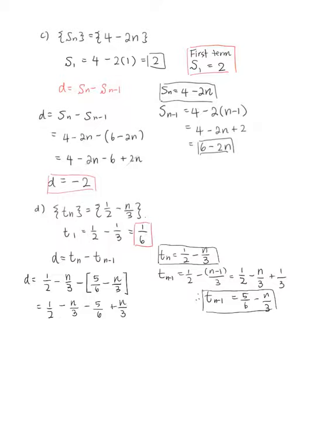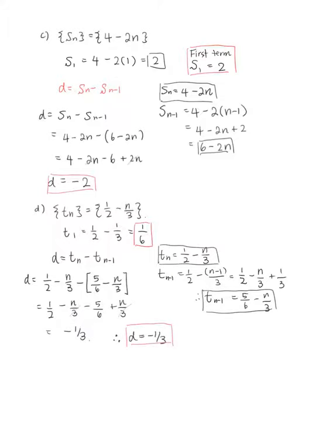All right, looking good. So we can cancel these two out. And what we're going to get is negative 1/3. All right, so therefore, our common difference d is going to be negative 1/3, and the first term is 1 over 6.